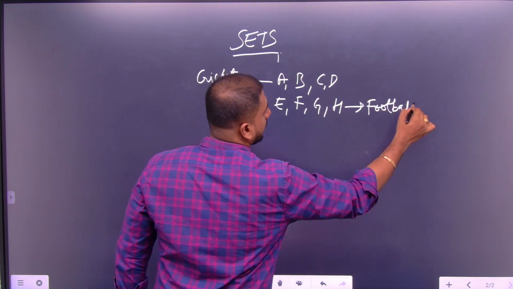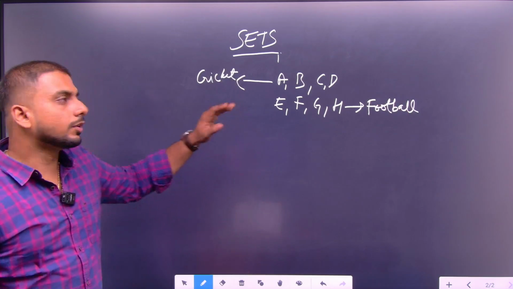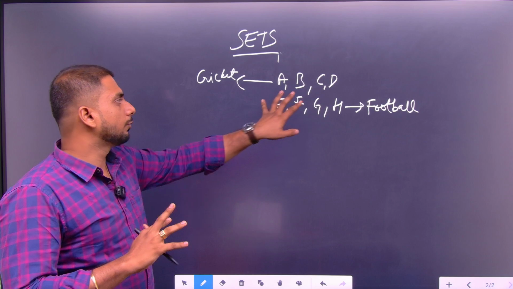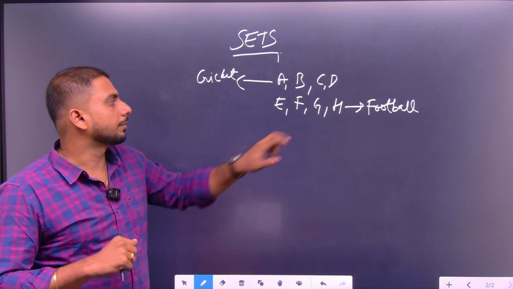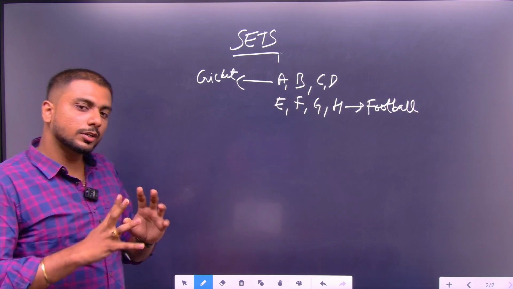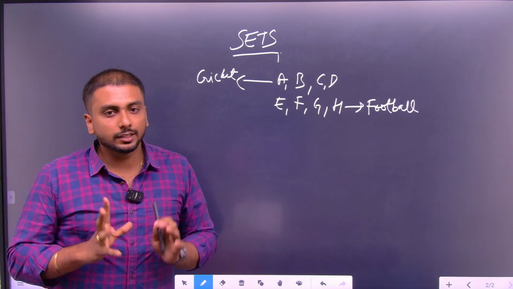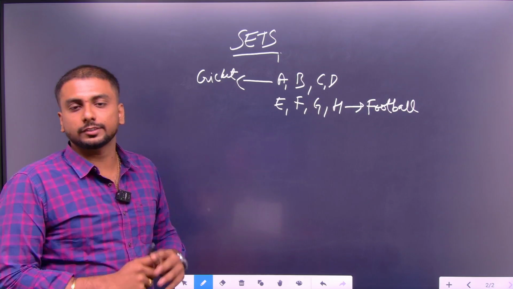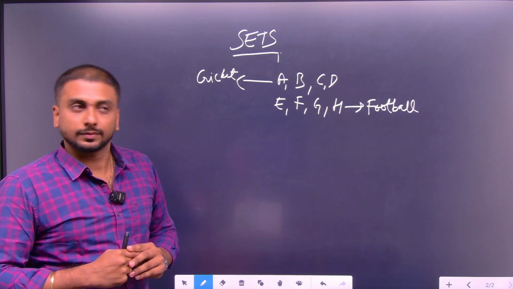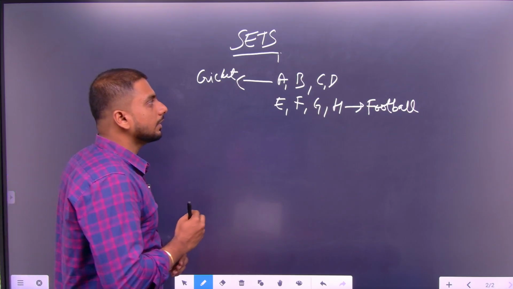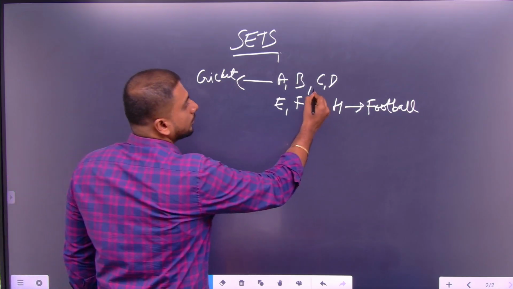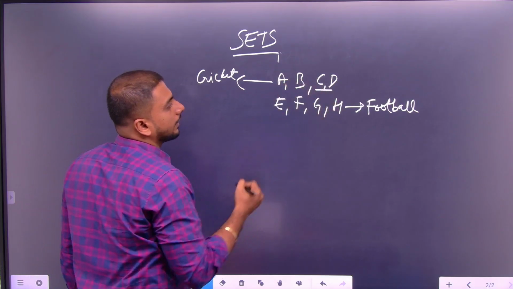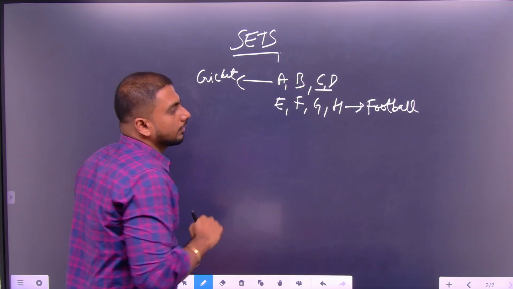Okay. Here, are these the only possibilities? When you think about real life scenarios, 4 people like cricket, 4 people like football. Is this the only possible scenario here? Can there be students who like both the sports, who like cricket as well as football? Why not? Yes, it can be a possibility. So, yes, let's assume C and D like both cricket and football.